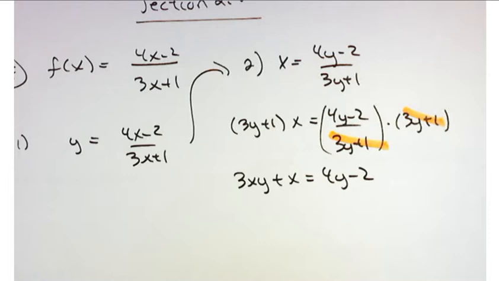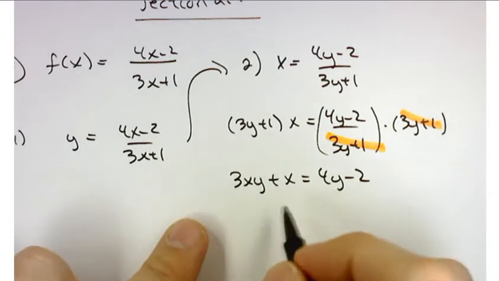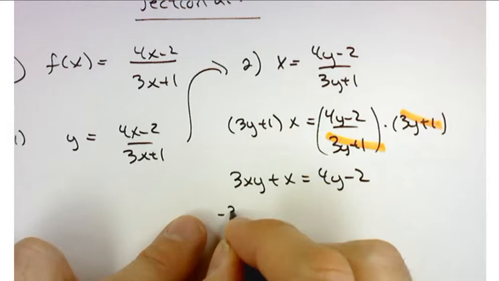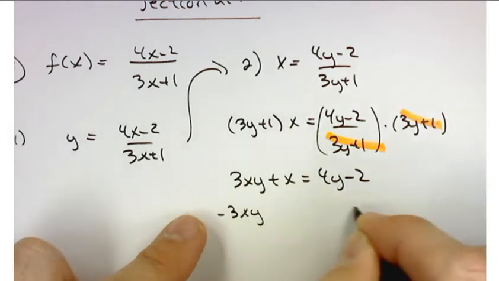I'll get 3xy plus x equals 4y minus 2. Well, it doesn't necessarily look a whole lot better, but it is. So what can we do next? Well, let's try and get all the y terms on one side. Let's pick the right-hand side. So I'm going to subtract 3xy from both sides.